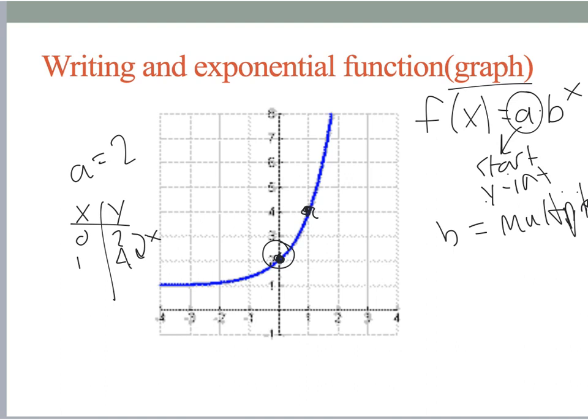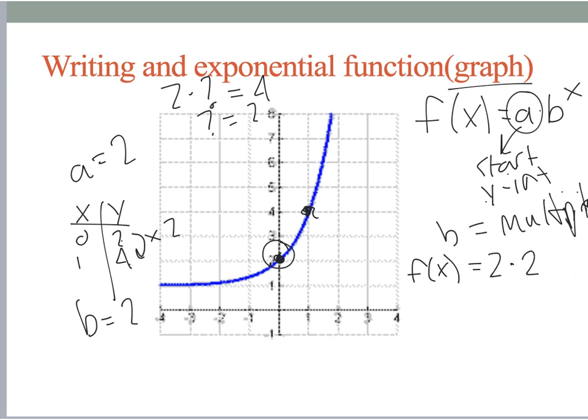So in this case, 2 times what equals 4? And of course, you know that 2 times 2 is 4. So I know now that b is 2. So to write my equation, I'm going to go f of x equals 2 times 2 to the x. Again, just like all the other times, if it doesn't make sense how I got A or how I got B, just ask and I can explain it in a different way.